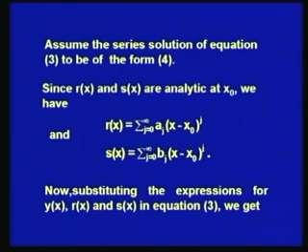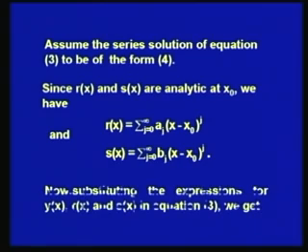Since R of x and S of x are analytic at x equal to x naught, we can write their power series. The series of R of x, let us write as sigma j equal to 0 to infinity aj (x minus x naught) to the power j, and S of x we may write as sigma j equal to 0 to infinity bj (x minus x naught) to the power j. And let us now substitute the expressions for y of x, R of x and S of x in the equation number 3.